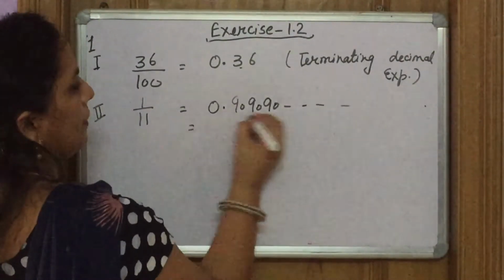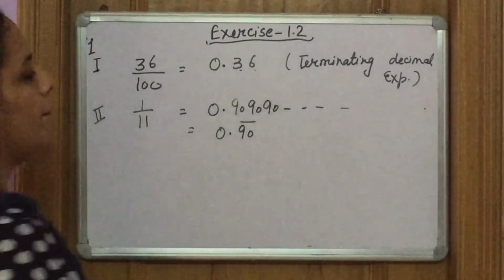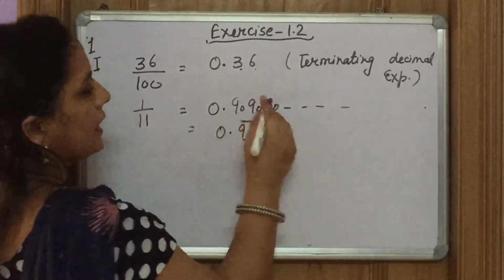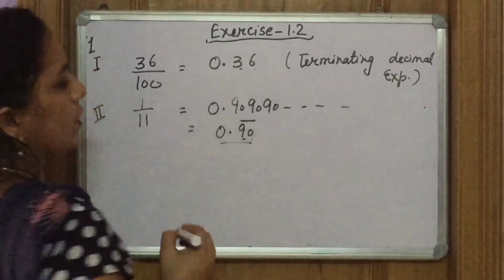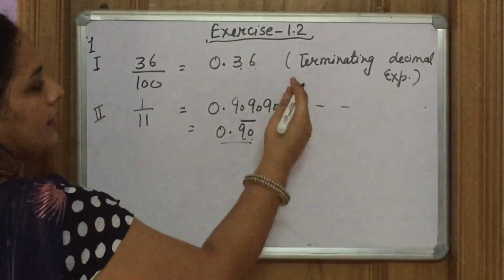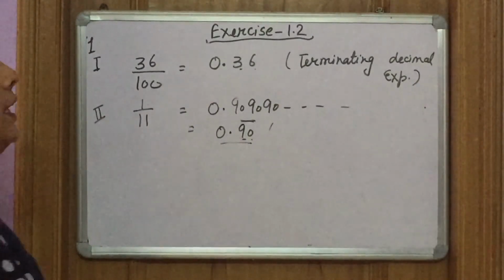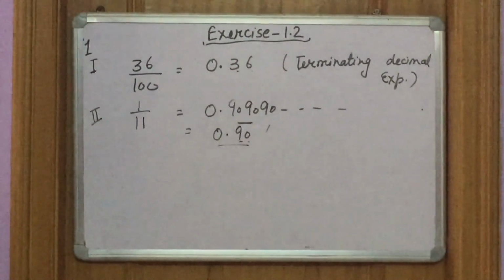We can write this number in short form as 90 with a bar. It is called bar. That means these two digits are repeating. So we can write it in short form as 0.90 bar. And in that case also we can say that this is non-terminating but repeating decimal expansion. So this is also a rational number.